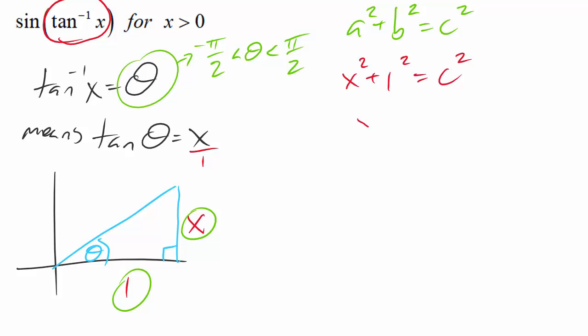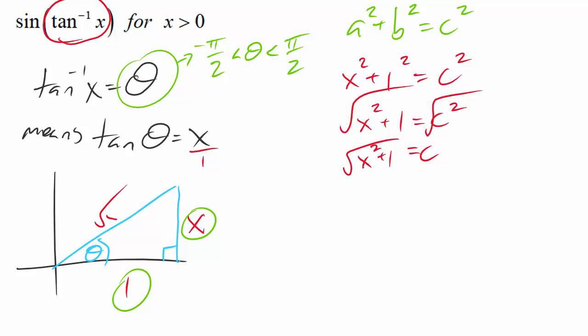X squared is just x squared. That doesn't really do anything exciting. 1 squared is 1. And this has to be what our c squared is equal to, but we need c to be by itself, so we're going to square root both sides, and so c is equal to, well, nothing simplifies here because we can't just take the square root of each piece individually because of the addition, so we're just leaving this as the square root of x squared plus 1, and that is our hypotenuse.